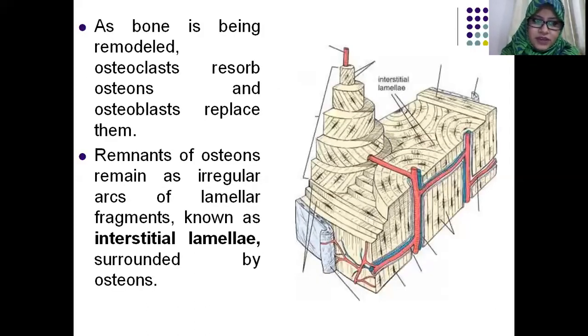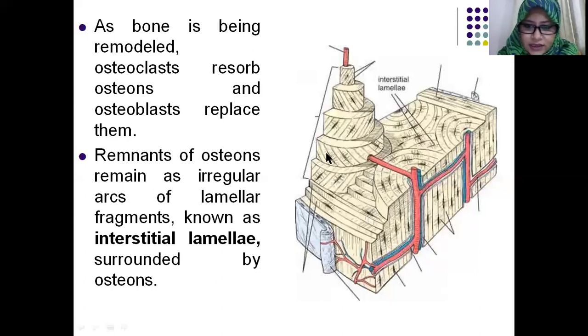As bone is being remodeled, osteoclasts resorb osteons and osteoblasts replace them. Remnants of osteons remain as irregular arcs of lamellar fragments known as interstitial lamellae, surrounded by osteons.